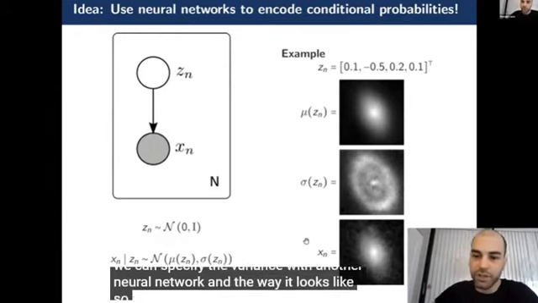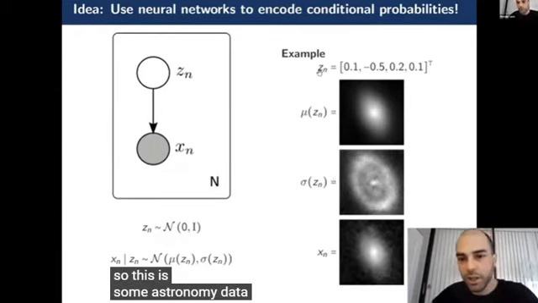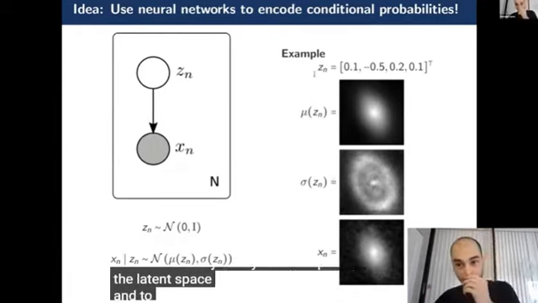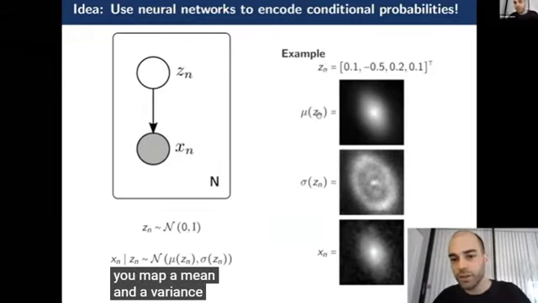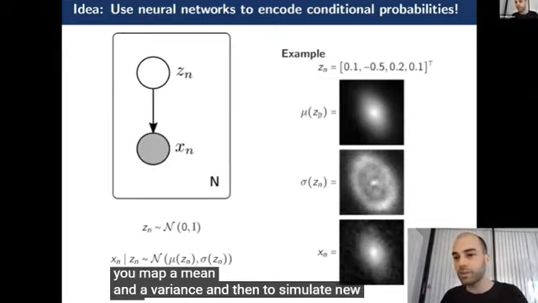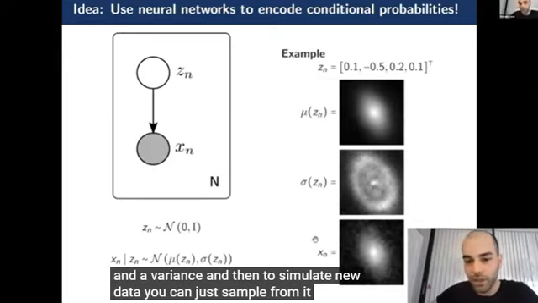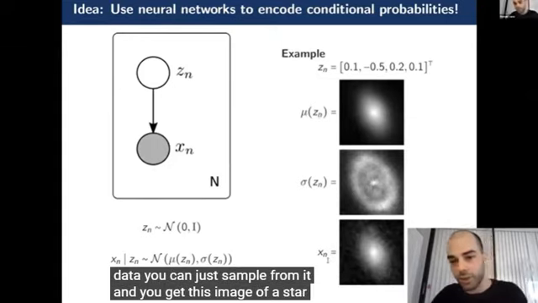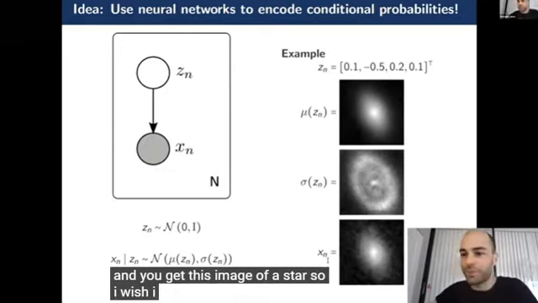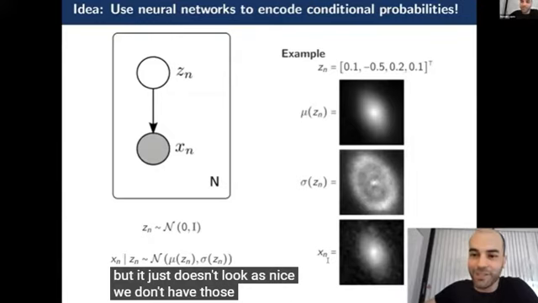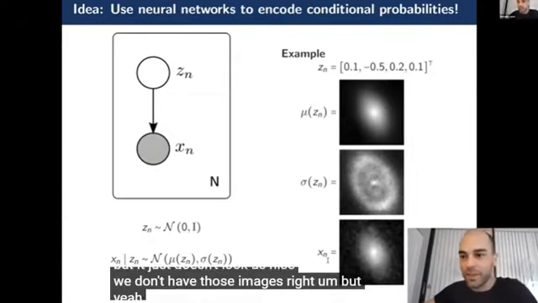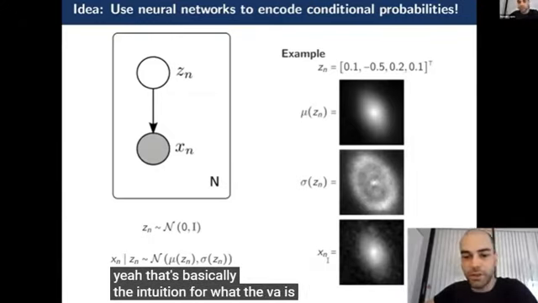The way it looks, this is some astronomy data. You take a point in the latent space, and to every point in the latent space, you map a mean and a variance. Then to simulate new data, you can just sample from it, and you get this image of a star. I wish I had put single cell data here, but it just doesn't look as nice. We don't have those images, right? But that's basically the intuition for what the VAE is doing.